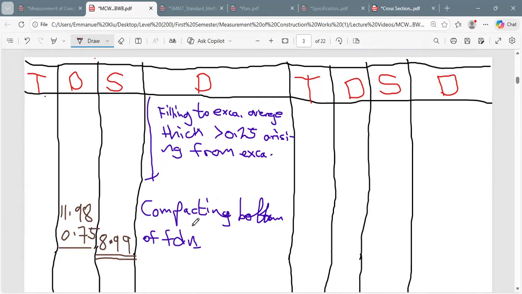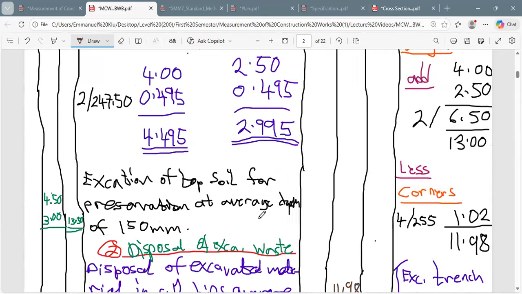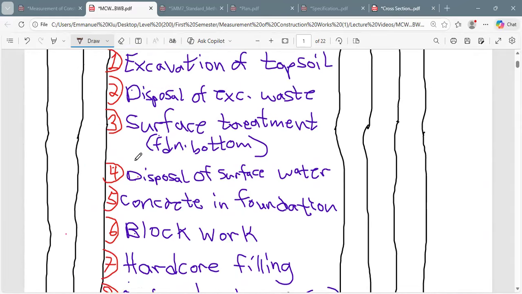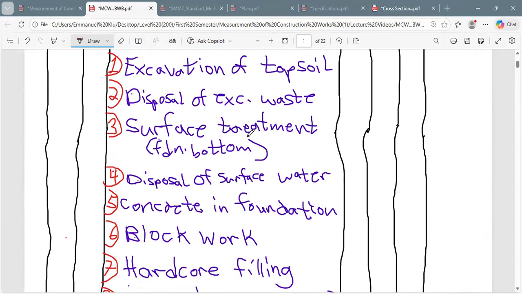Let's look at the earthwork support. The earthwork support is the same as the surface treatment. So to avoid confusing you, let me say we are now on the surface treatment.